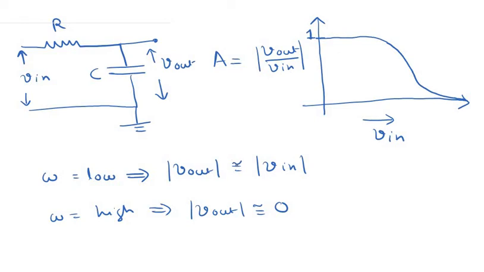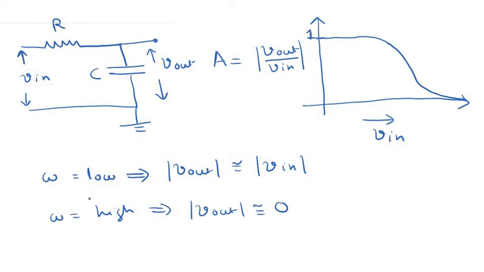So this basically means that this circuit is not allowing the high frequency components to go to the output. So this circuit basically acts as a low pass filter.